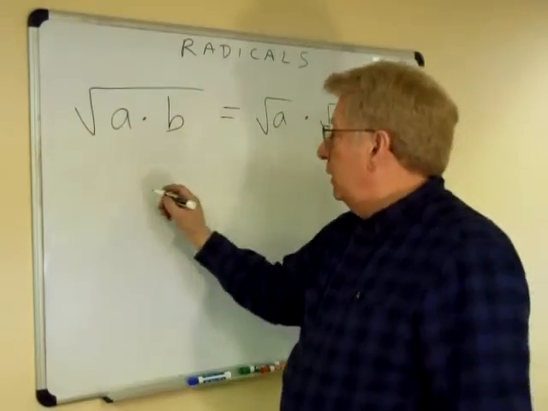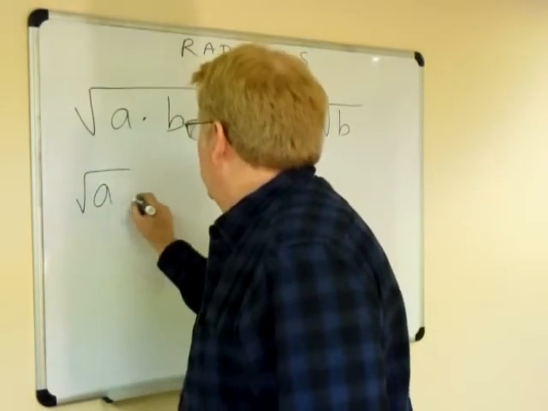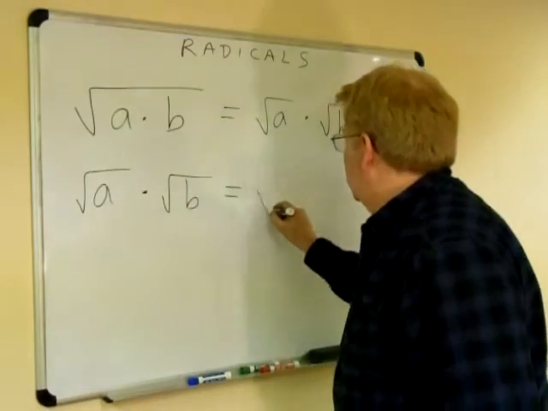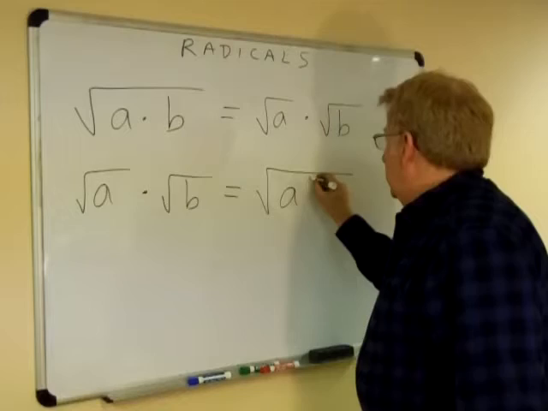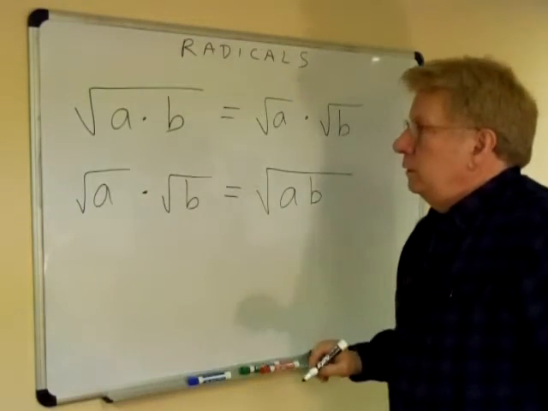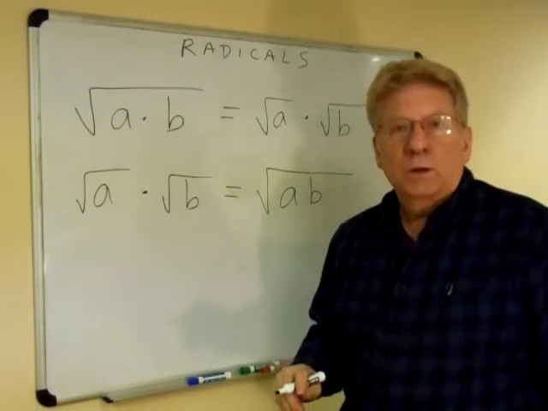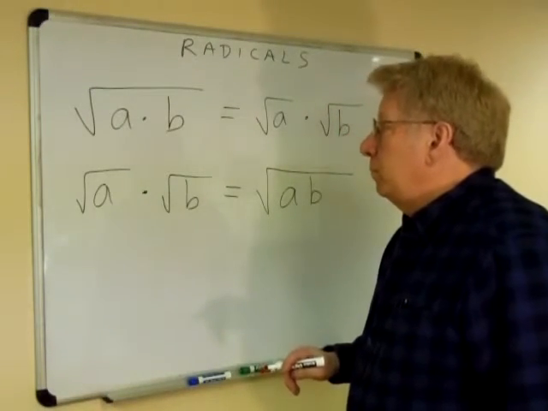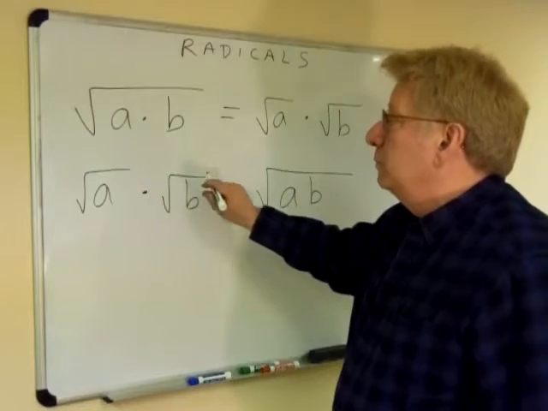Or we could reverse that. We could say the square root of a times the square root of b is the same as the square root of ab. This is going to help us when we're number crunching in examples. So that's the product property.